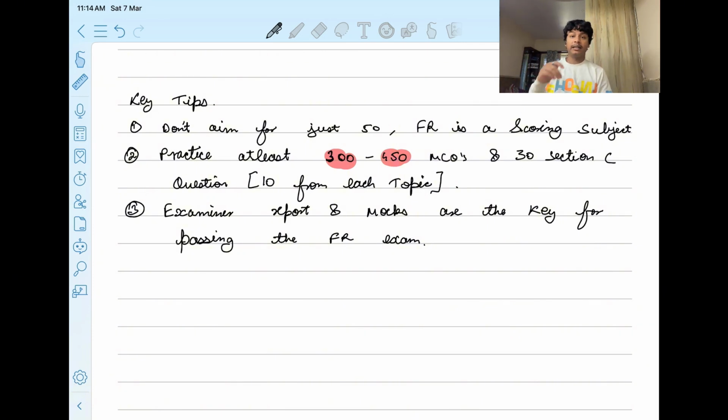And at least 30 Section C questions during your practice so that you are good with all the types of questions and you are thorough with it, okay? And you are not facing anything new in the examination, because you will be solving all the adjustments and everything. Just the numbers will change, and slight adjustments will change that you can easily tackle with your concepts, okay?